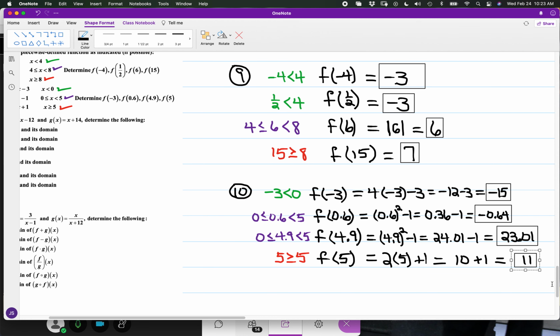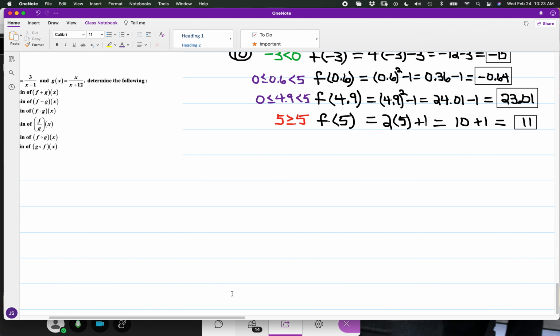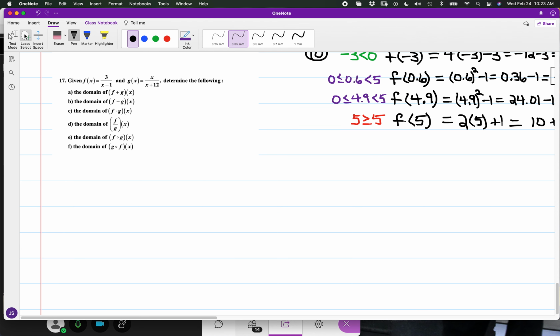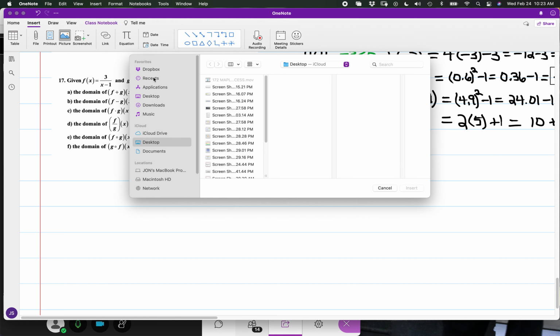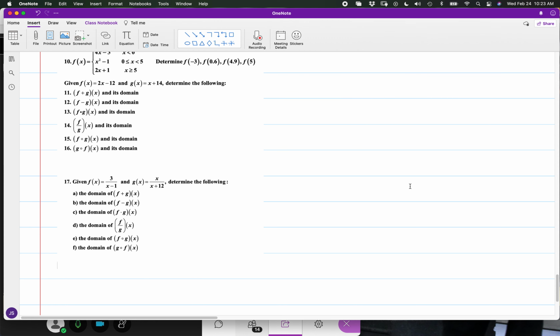All right. Now, in the case of what we have in crossing over to looking at operations between functions as well as their domain. Okay, so we have for numbers 11 through 16, okay, we're involving two functions, f of x and g of x.